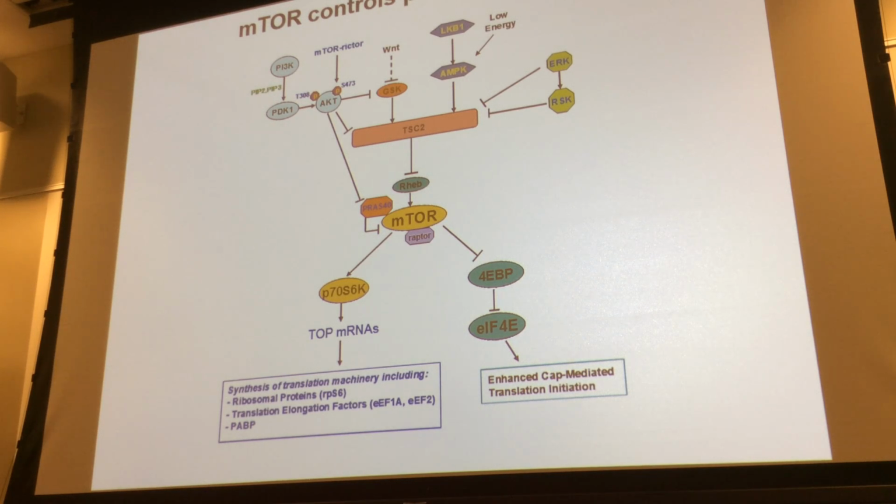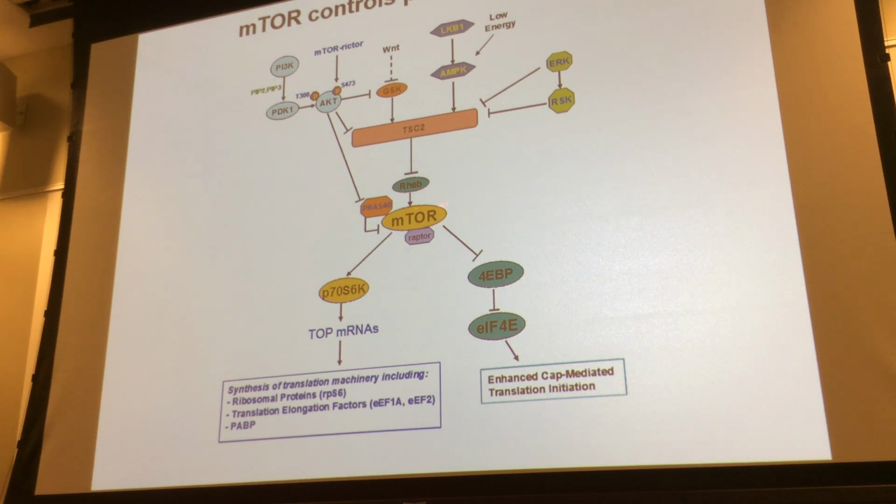But before that, they could first boost the protein synthesis capacity by boosting the synthesis of the machinery itself. I'm not sure whether you get the whole idea. This is called two waves: first you build the machinery, and secondly you synthesize the specific proteins. All right, so that's the P70 S6 kinase branch.